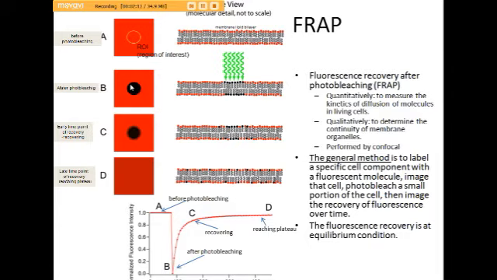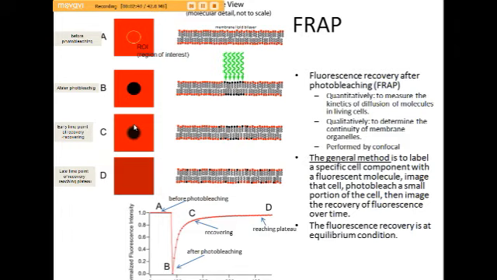It is very possible because laser scanning confocal microscopes can be equipped with very high power lasers. From the side view, you can see that within this region, the red fluorescence molecules become photobleached and appear dark, while the outside lipid molecules are still fluorescent.